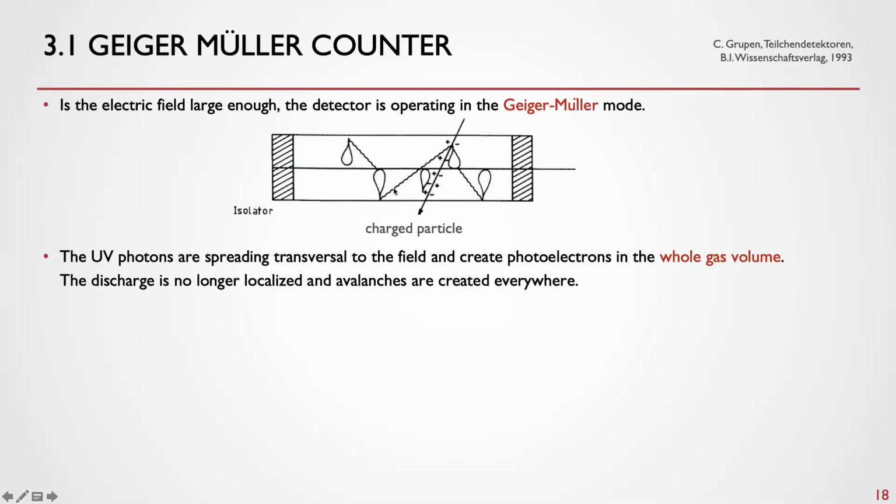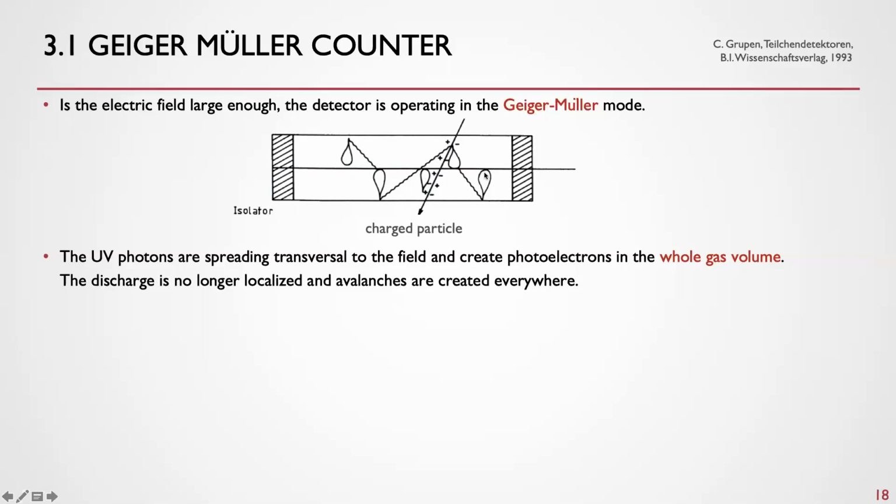Photons are created, they travel through the detector, hit, for example, a wall or a cathode or a gas molecule of a different type and produce secondary avalanches. So at the end, these UV photons spread also transversely through the electric field.